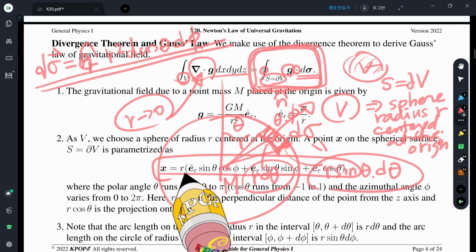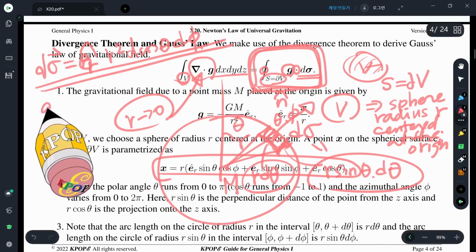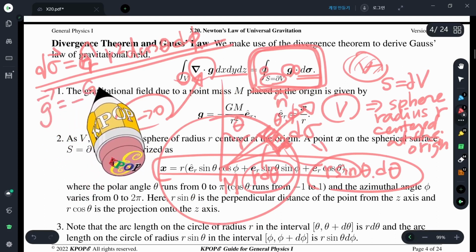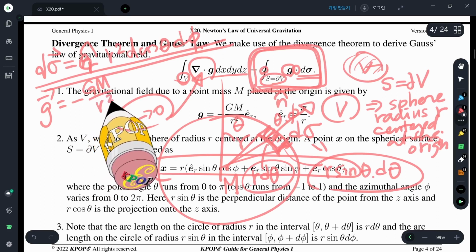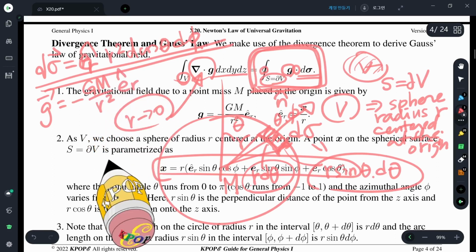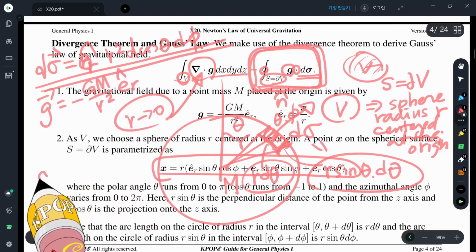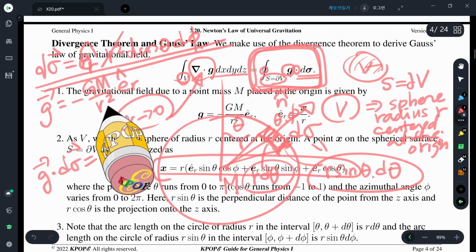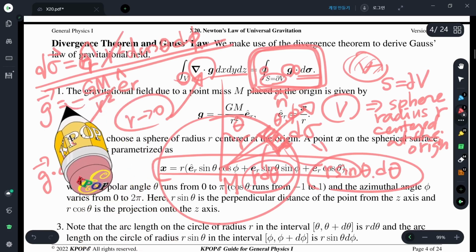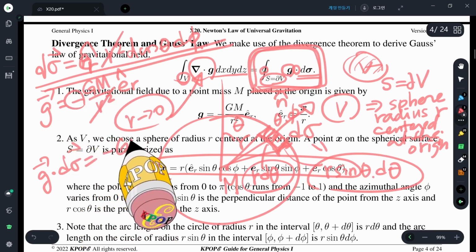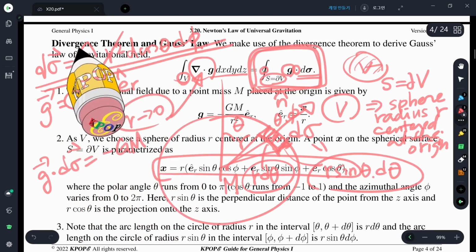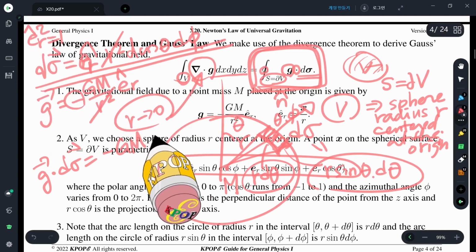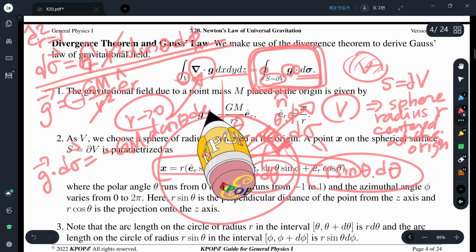Okay, the gravitational field is negative G M over r squared e_r hat. Therefore, we can evaluate G dot d sigma to be, here r squared cancels, and we have negative G M, and e_r dot e_r equals 1, we have d cosine theta d phi.